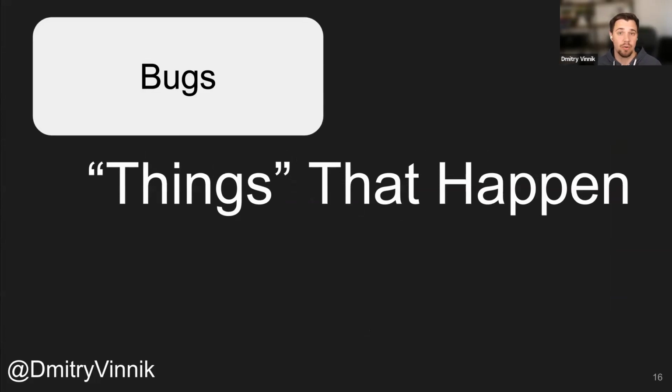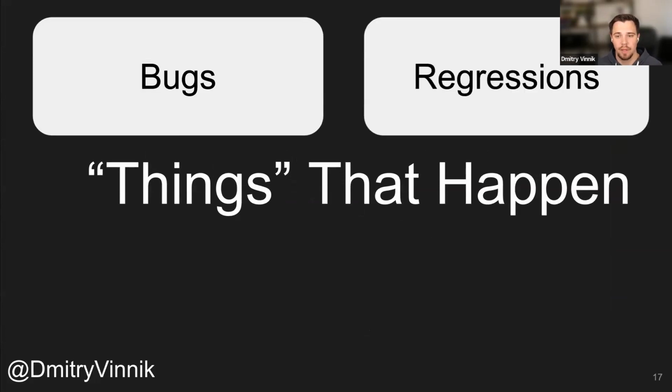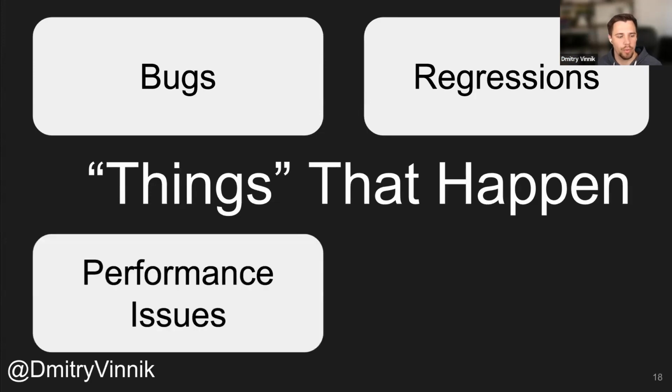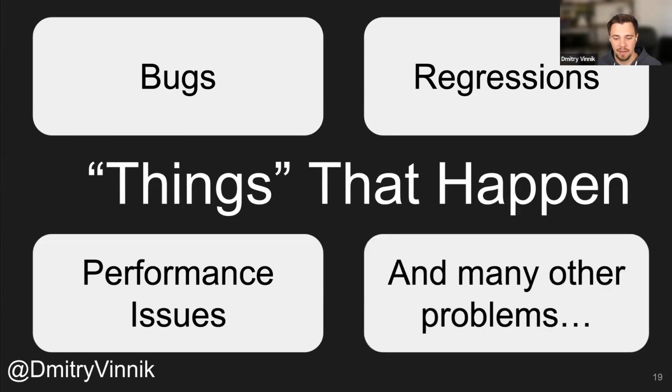So these things require maintenance and changes. Regressions, again, something that I just mentioned, right? It's unintentionally you making a small CSS change, and then it basically pushes the profile image off the screen. That's definitely a thing you have to deal with. Performance issues, right? And we'll talk about it in a second. And many, many other problems.